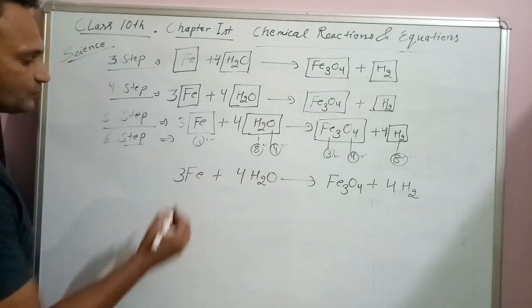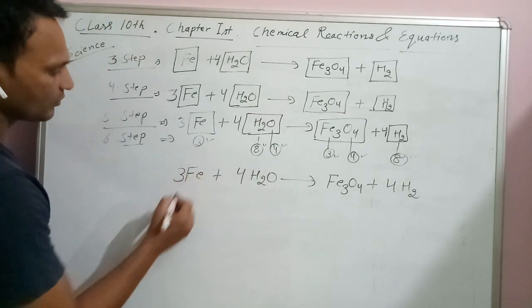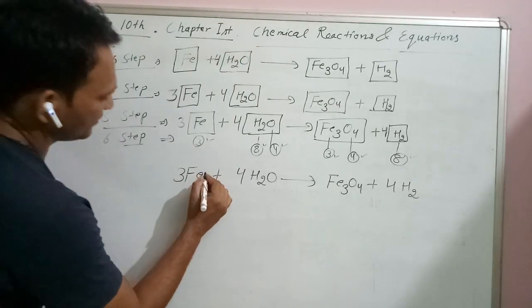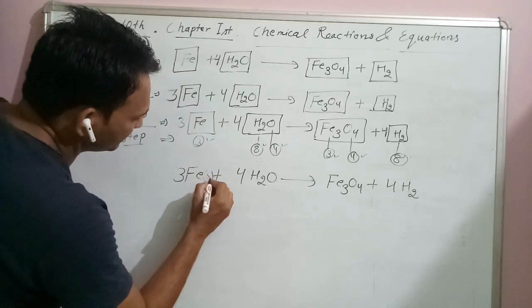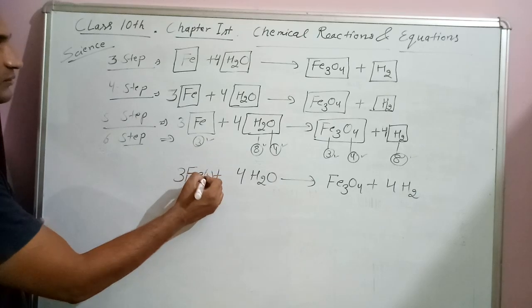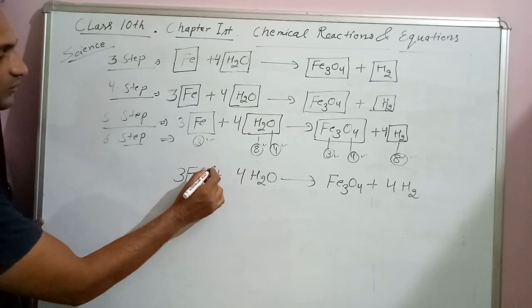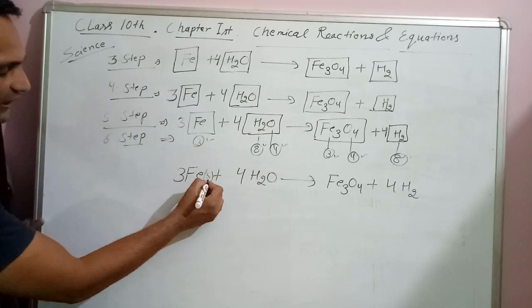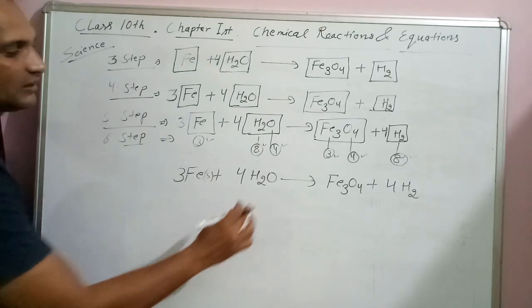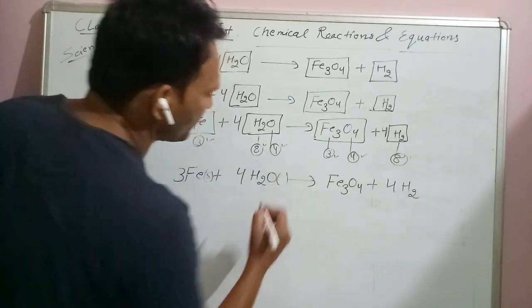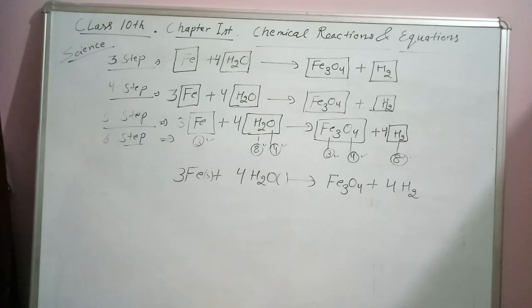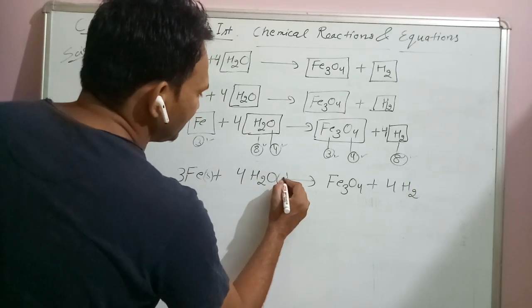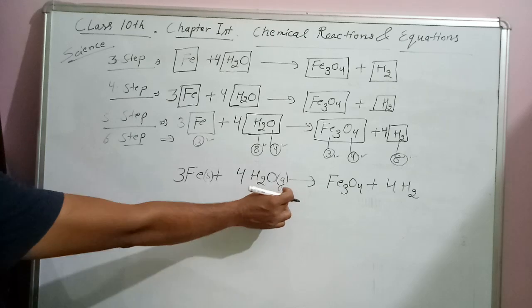Now we write their states or solution forms in brackets after the formula of the element or the molecule. If we get the iron in solid form, we write a small s after the Fe, and here H2O is in gas form, as vapors react with Fe, so we write the g here.